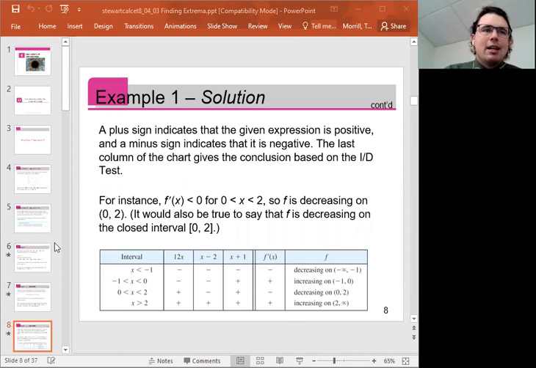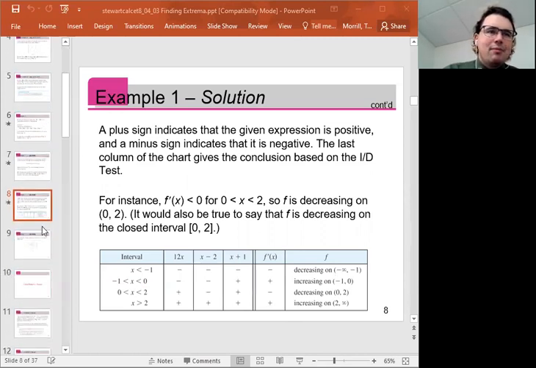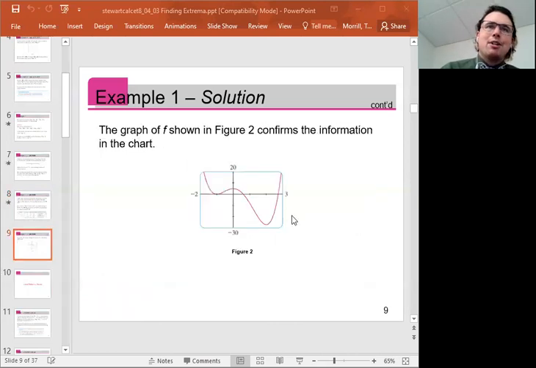And between positive 2 and positive infinity, f prime of x is positive, and the function must be increasing. And does this actually bear out with the graph of the function? Yes, it does.